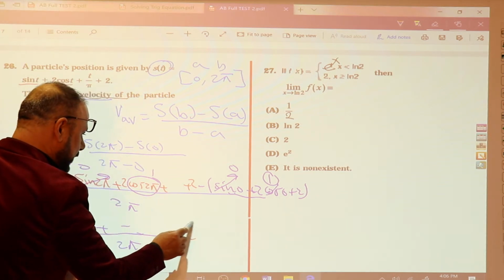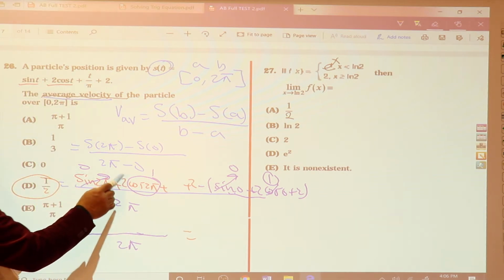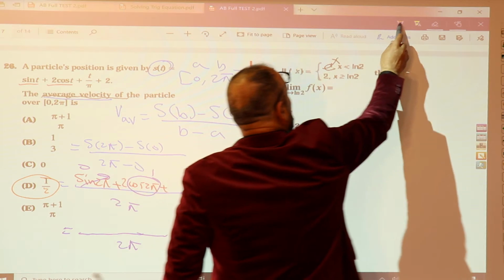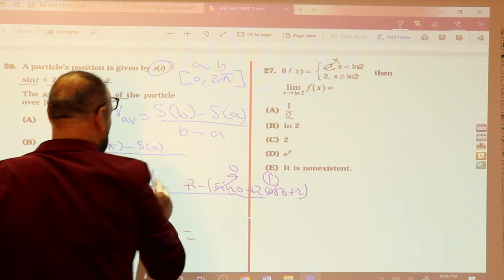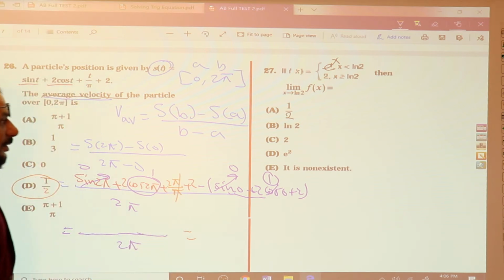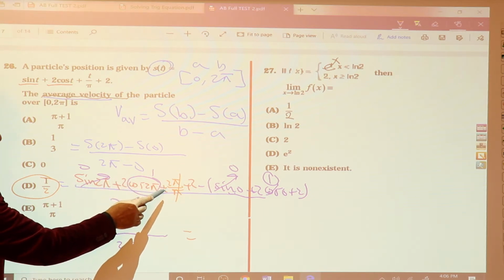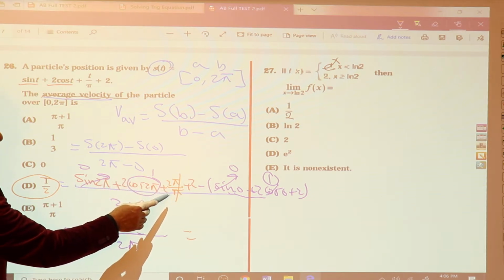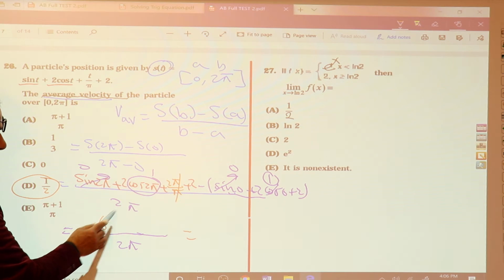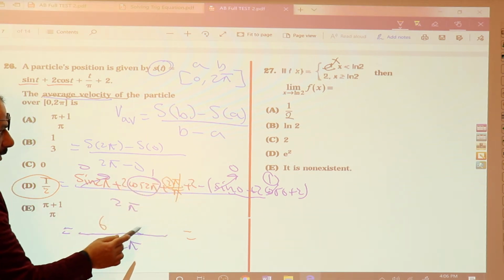Now we have 2 from here, 2 from here, and pi, and 2 plus 2 plus 2 is 6.